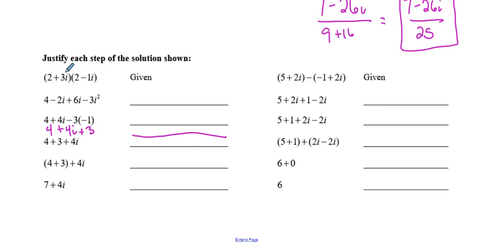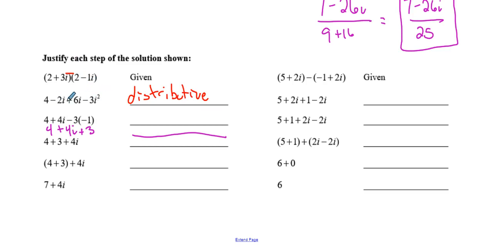The first thing I would do here would be to multiply these together. The property that allows me to multiply a binomial times a binomial is called the distributive property. So I don't want to see anybody write FOIL or multiply. We are using the distributive property to multiply two binomials together.